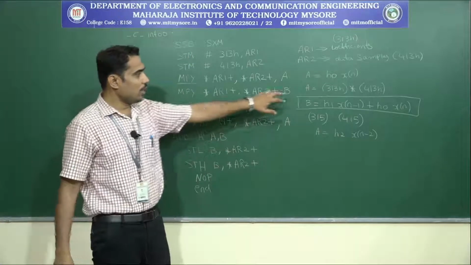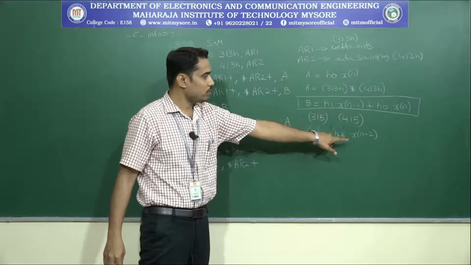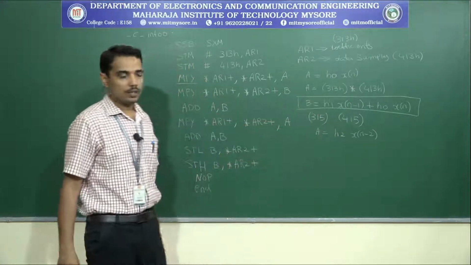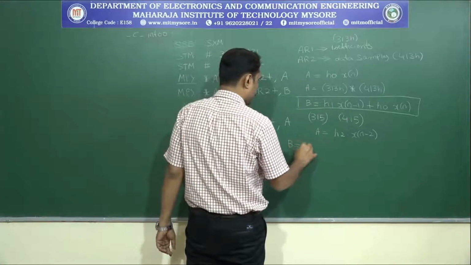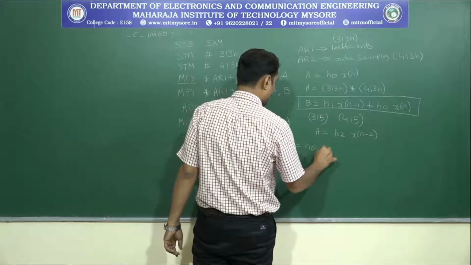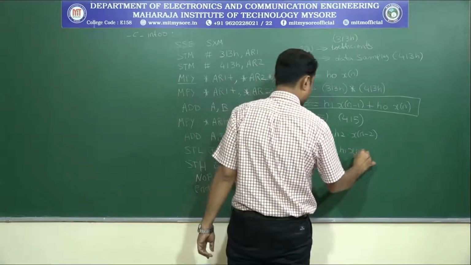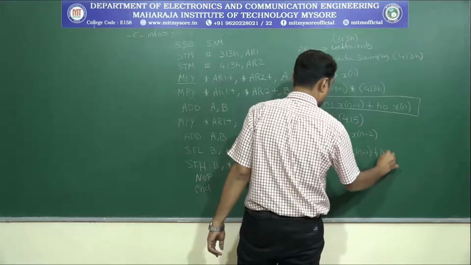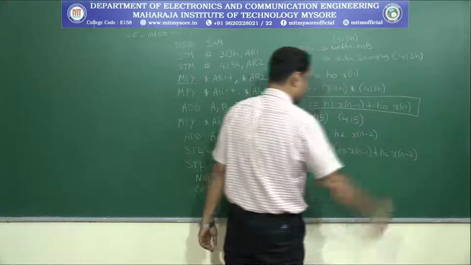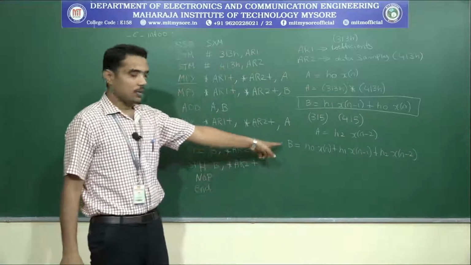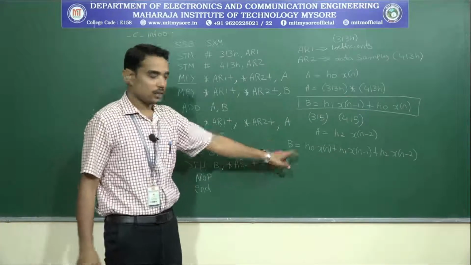Now we are going to add the A value, that is H2 into X of n minus 2, with this B, and thus B will be equal to H0 into X of n plus H1 into X of n minus 1 plus H2 into X of n minus 2. The final answer is stored in B.